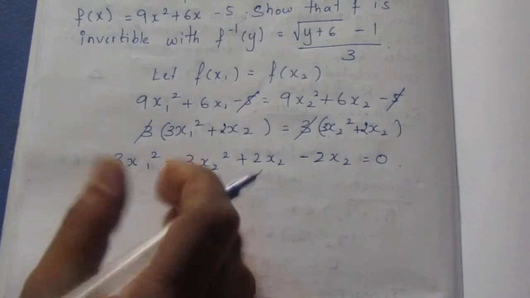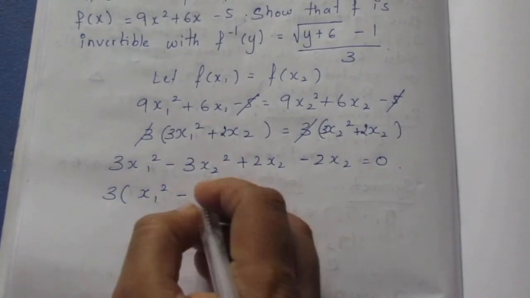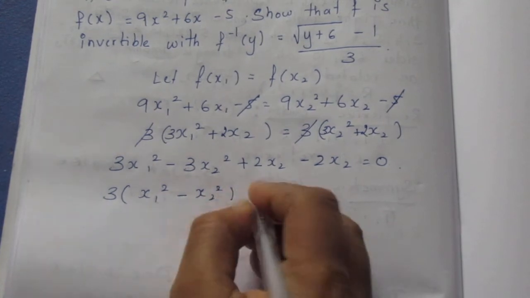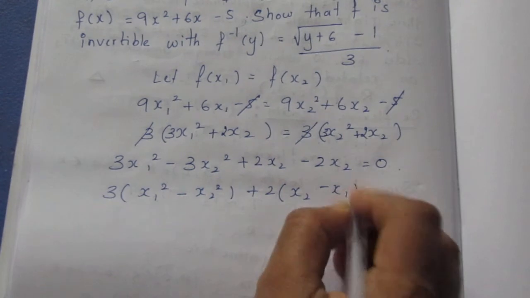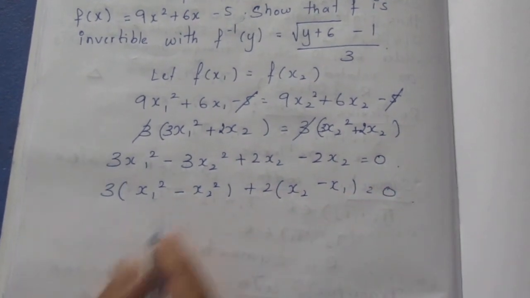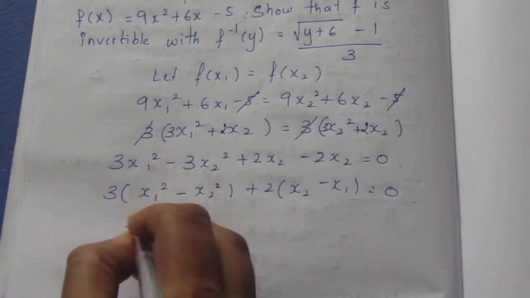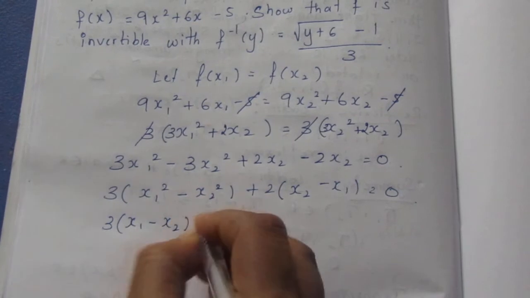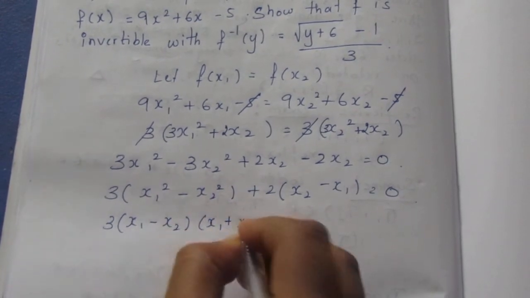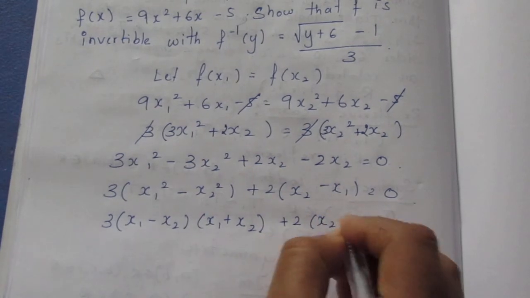Taking common outside here, 3 outside, I get x1² minus x2². Plus taking 2 outside, I get x1 minus x2. Now we know that this is in the formula of a² minus b². So I can write this to be (x1 minus x2)(x1 plus x2), a plus b into a minus b formula, plus 2(x1 minus x2).